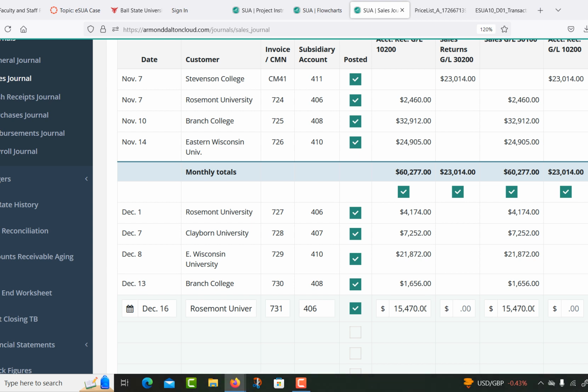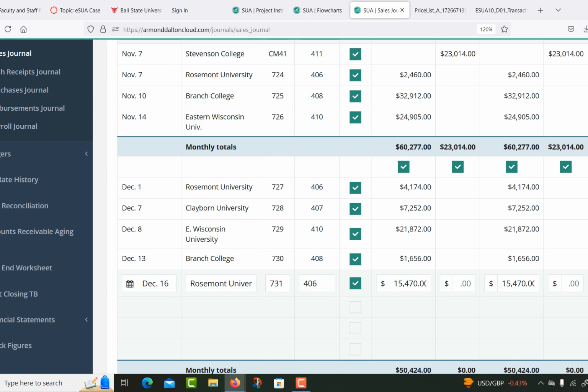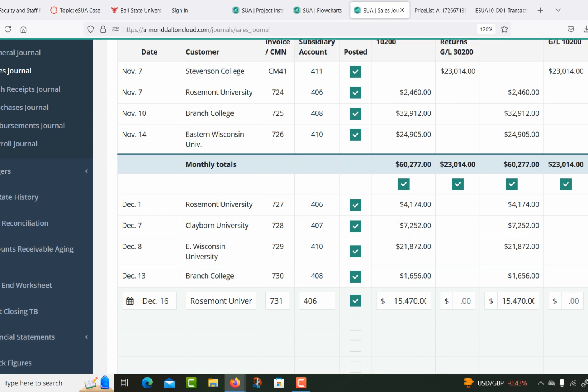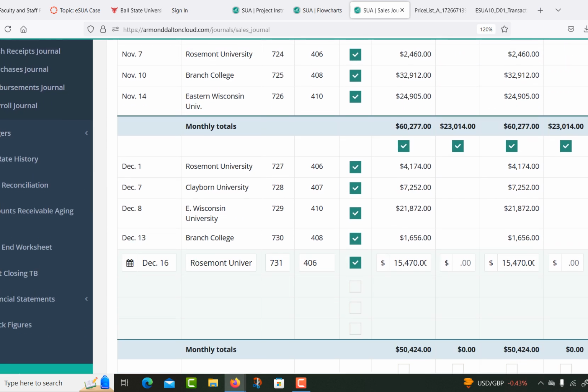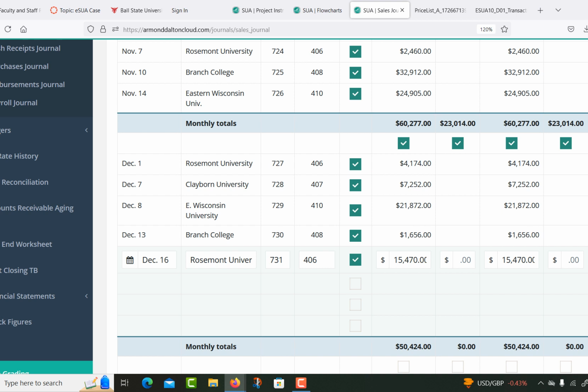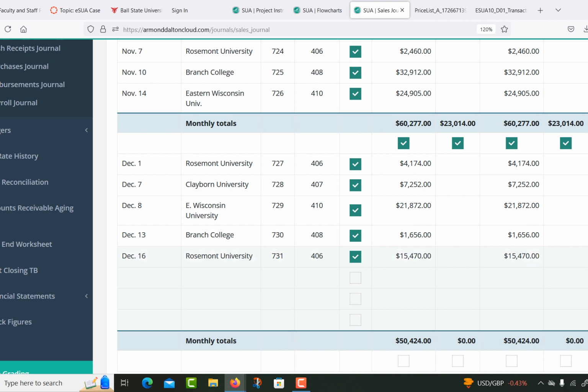Your number could be slightly different from this, so I want to enter that as a debit to accounts receivable and a credit to sales right here in this journal. Once everything is done with the transaction that I want, I click on the save on the individual line. This is true for the journals. You're going to see it this way.